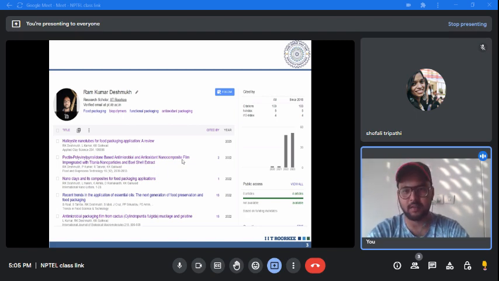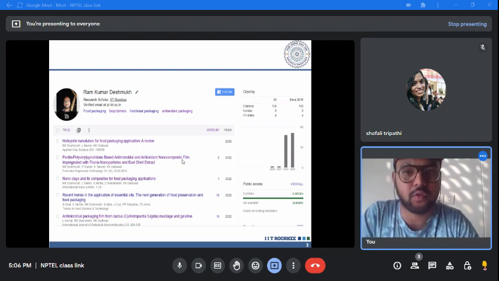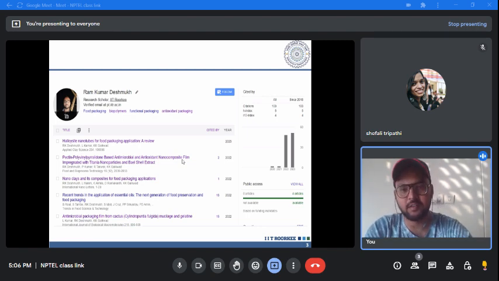So this is the Google Scholar profile. When you work in academia and publish papers, they will be indexed in Google Scholar. Even if you don't have a Google Scholar profile, you can still search for the articles you would like to read. It is freely available, an open site like Google.